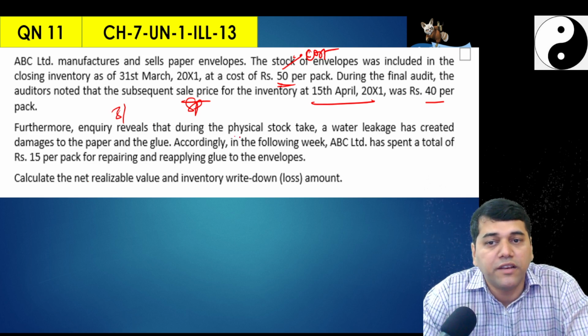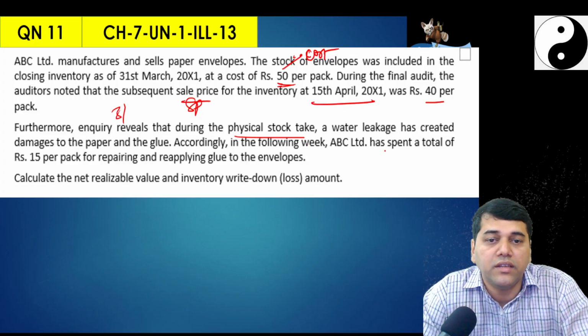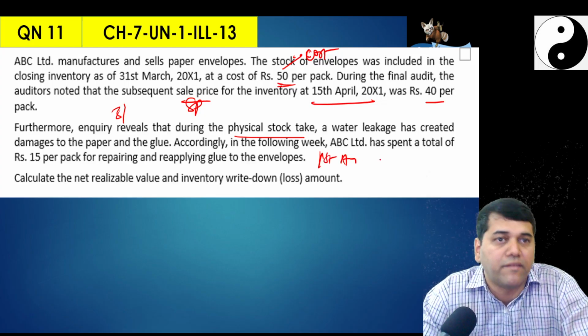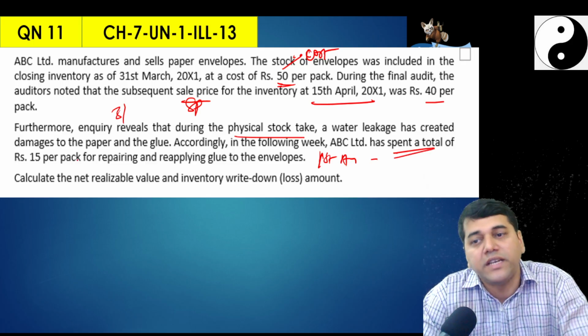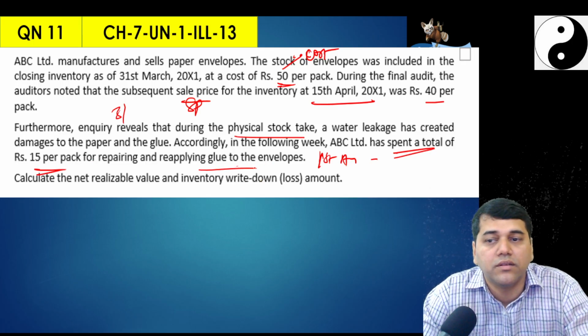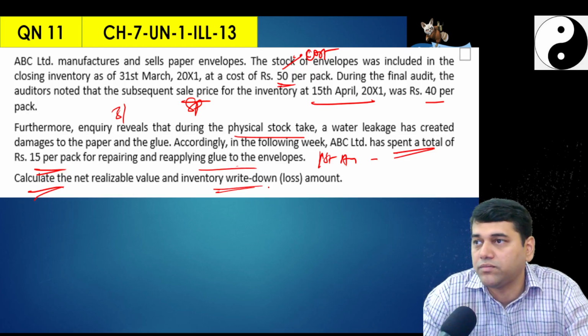Further inquiry revealed that there was physical water leakage. Accordingly, the following week, that means in the first week of April, say 7th or 8th of April, they additionally spent 15 rupees for gluing. Now, what is my net realizable value and inventory write down amount?